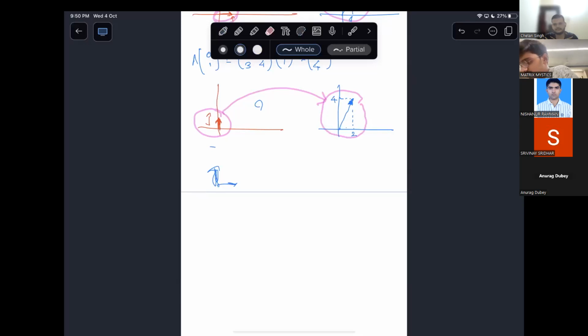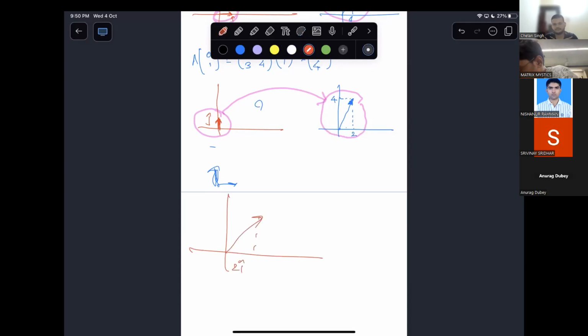Suppose we take the vector 2i cap plus 3j cap. We are writing this as a sum of 2 times i cap plus 3 times j cap.